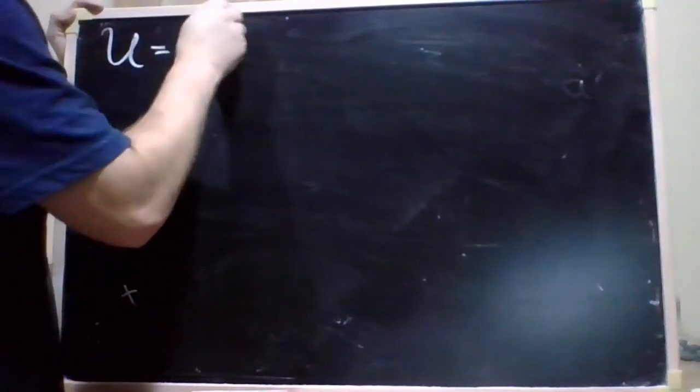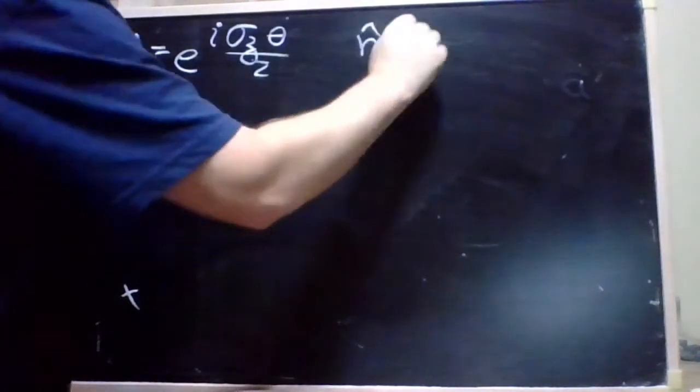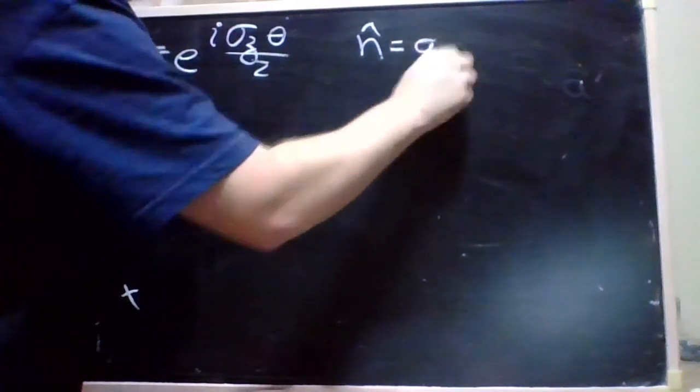Suppose you want to rotate over an angle of theta by z-axis. So my unitary operator is of this form: exponential of i sigma z theta over 2. So my n vector corresponds to the z-axis.